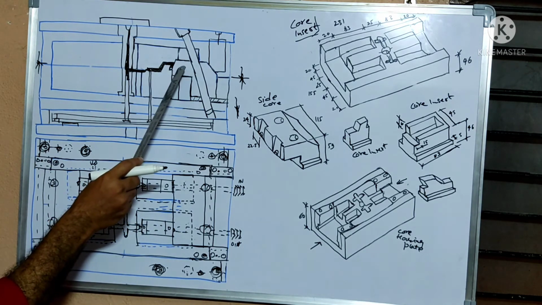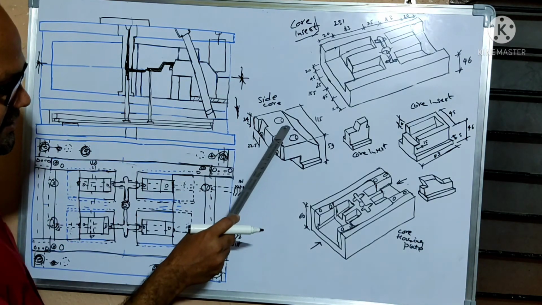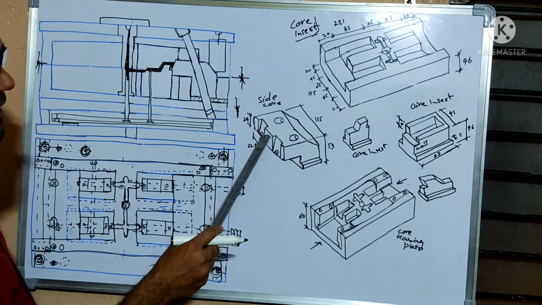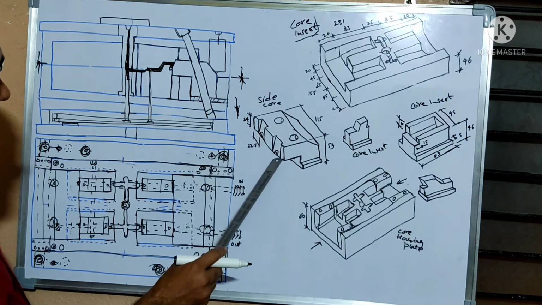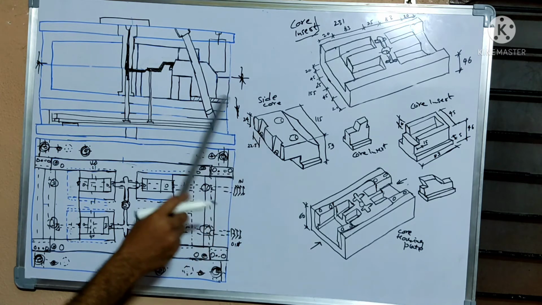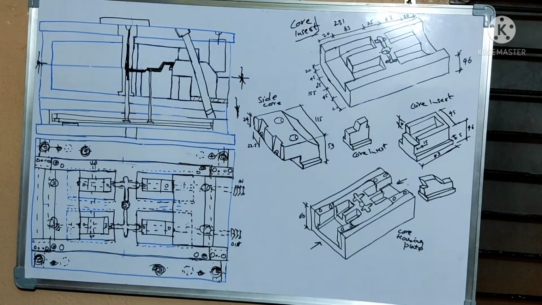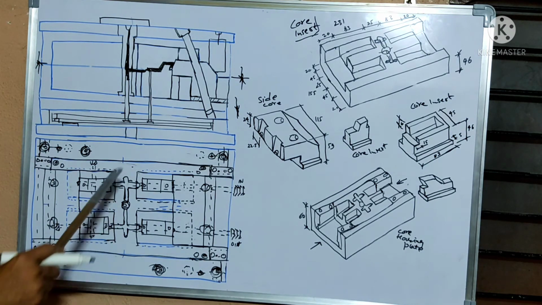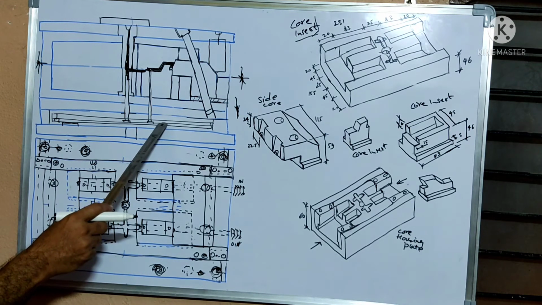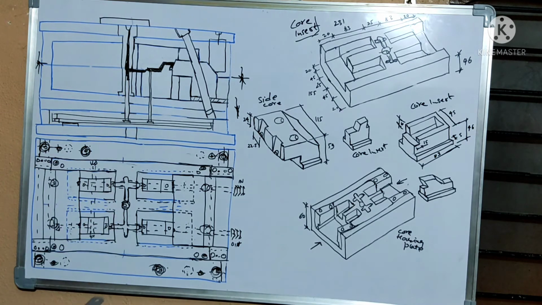Simultaneously, the side core, which has the profile as shown in this figure, the half round circle profile of the component, also has an angle. With this angle, the side core moves away from the component, and the mold opens, and by the movement of the ejector assembly, in which the ejector pins are placed, the component is ejected successfully from the tool.